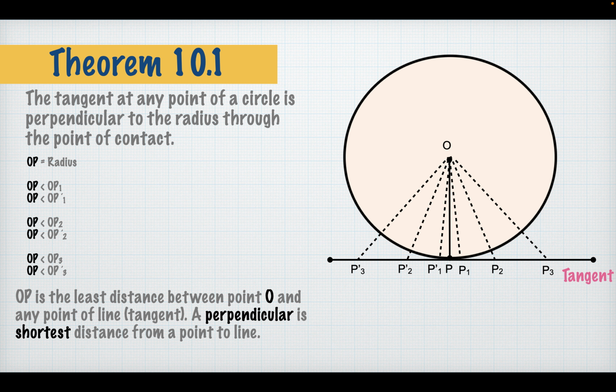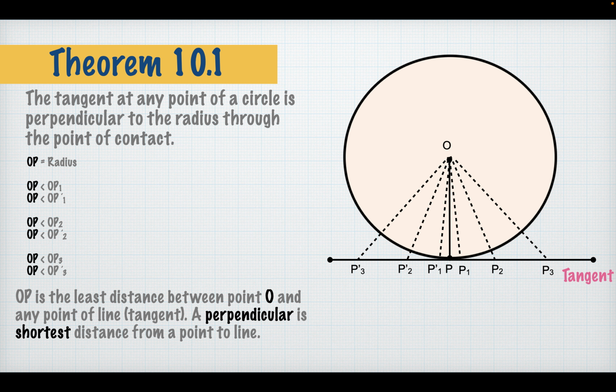That means OP is the least distance between O and the tangent. If it's the shortest distance between that point and any other point on the line, then this line should be perpendicular, right? So we have proved that OP is perpendicular to the tangent, because this is the shortest distance.